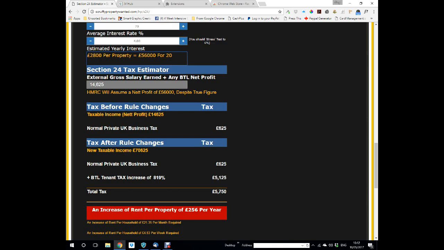Now the government are going to make this a taxable amount for landlords, and basically if you earn the minimum living wage, which is around about £14,625, the tax before the rule changes will be £625, and the tax after the rule changes will now go to £5,750.